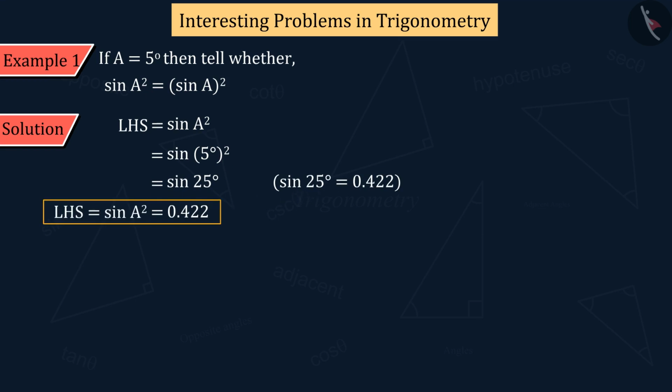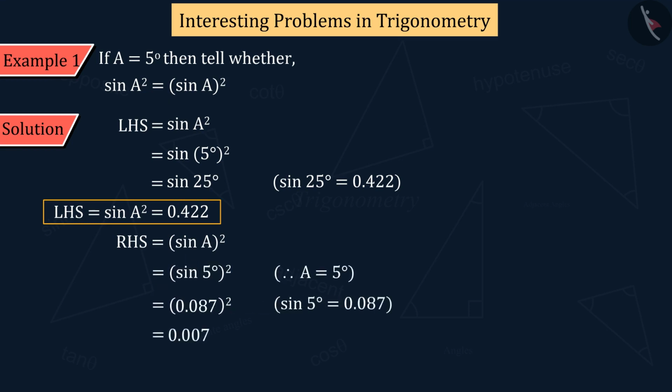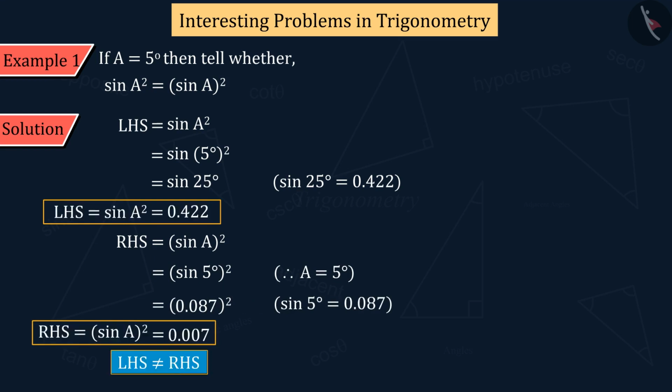With this, the right side is equal to the square of sine A, or in other words, to the square of the value of sine A, where by putting A equals 5 degrees, we get the value of square of sine 5 degrees, which shows that the right side is not equal to the left side. Hence, the given equation is wrong.